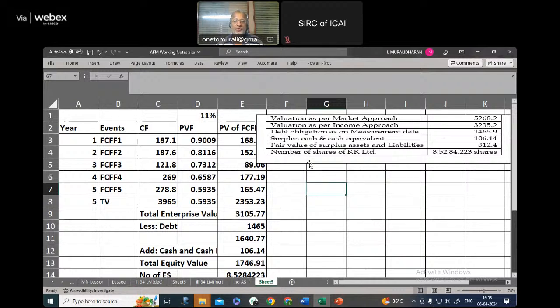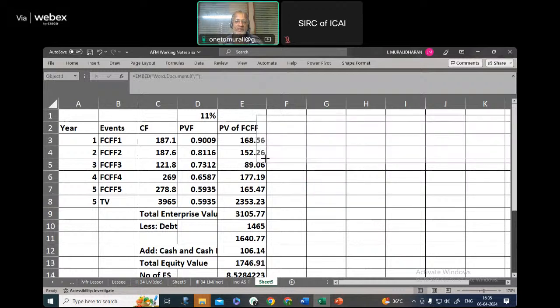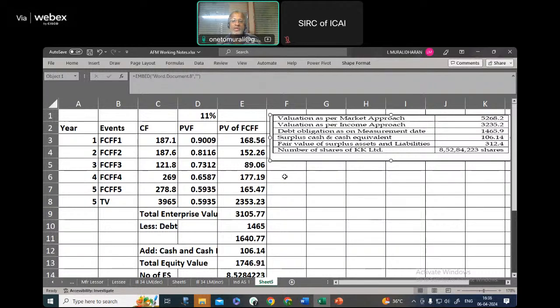So to that extent, we can keep that and work it out. Okay. Valuation of shares of KK Limited.